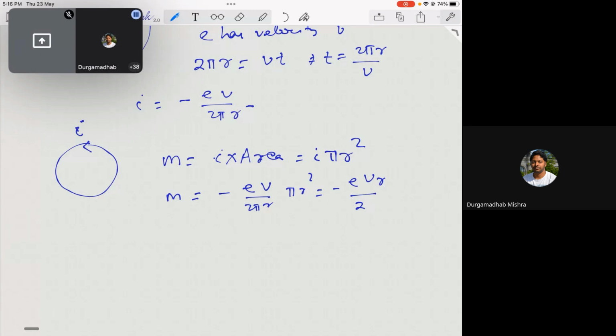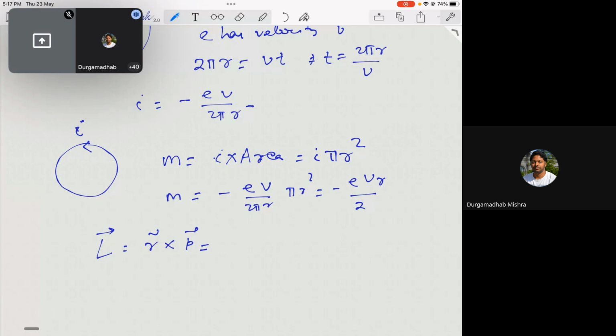But what we are talking about is an atomic model of the electron. In that case, we also know that this orbiting electron has an angular momentum, the orbital angular momentum. This orbital angular momentum is nothing but r cross p, where p is the linear momentum.